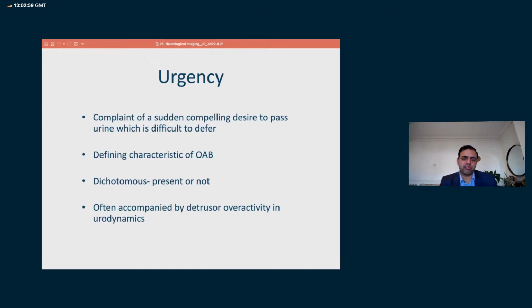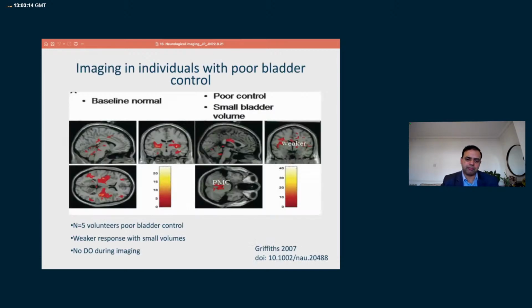Urgency, of course, is a pathological state where there's a complaint of a sudden compelling desire to pass urine, which is difficult to defer, and it's a defining characteristic of overactive bladder. It's often accompanied by detrusor overactivity in urodynamics.